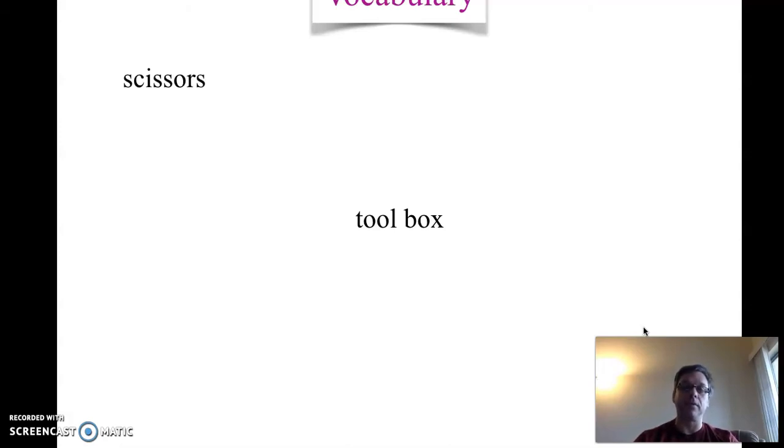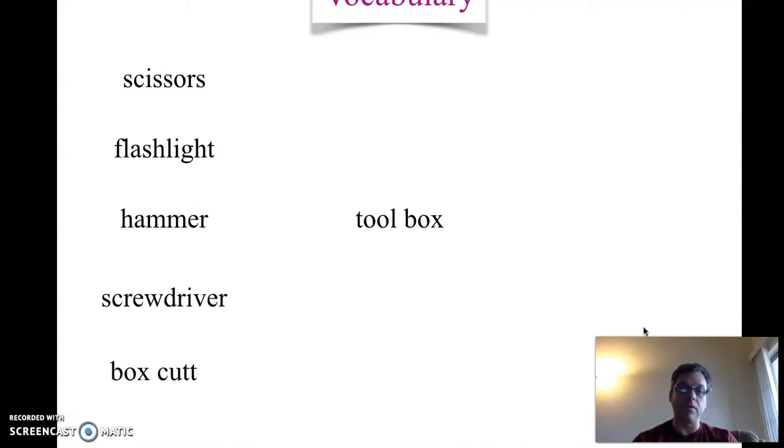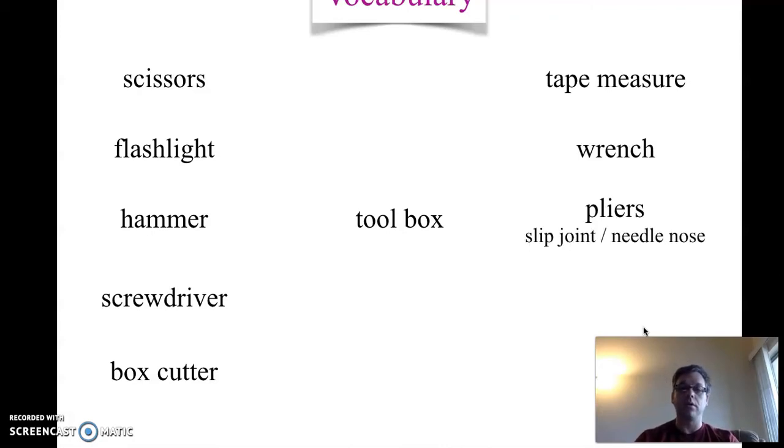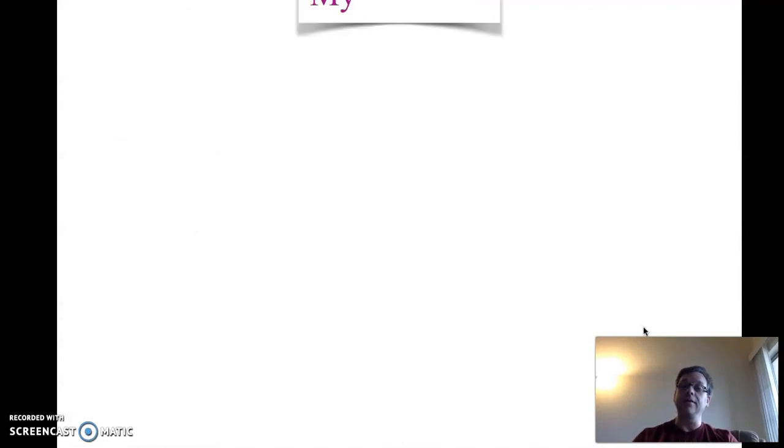Scissors, flashlight, hammer, screwdriver, box cutter, tape measure, wrench, pliers, slip joint and needle nose pliers, nails, and screws. Let's go ahead and check out my toolbox.